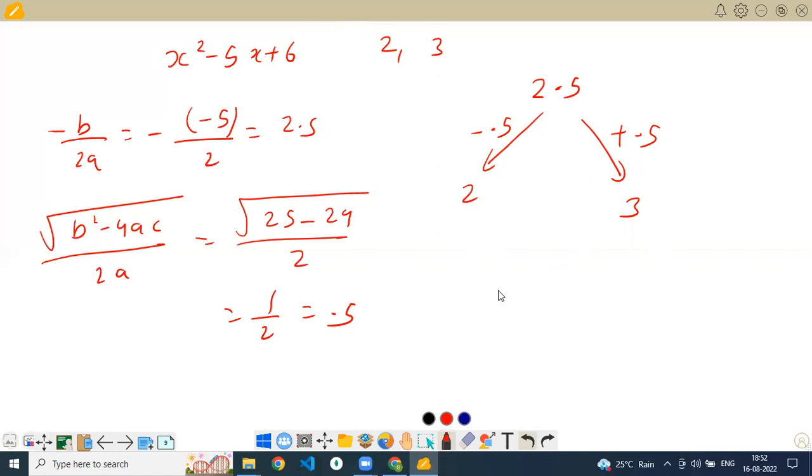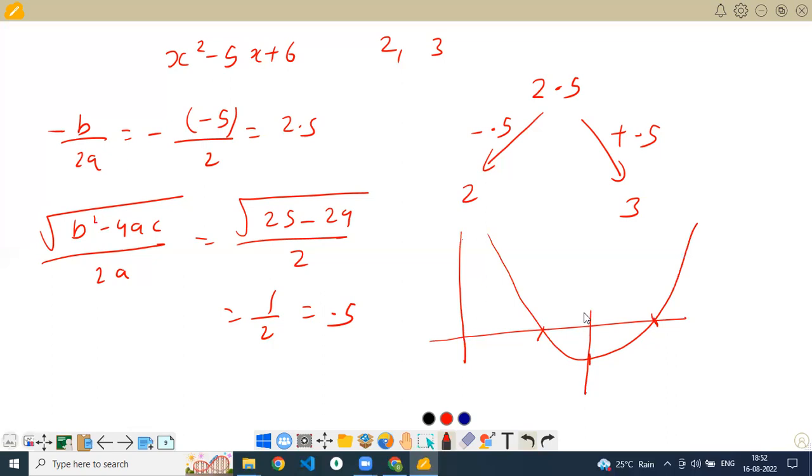Yes, that is what I am trying to say. If this is your parabola, whether opening upward or opening downward, these are the two roots and this is the middle point.